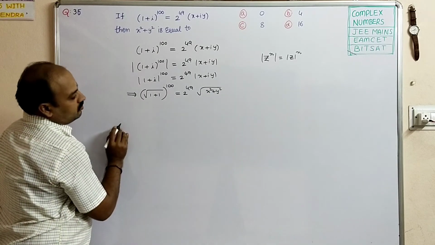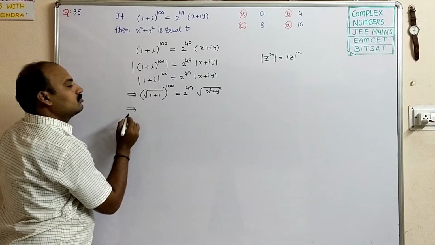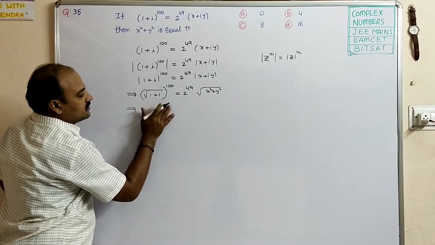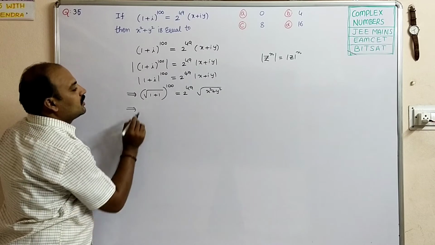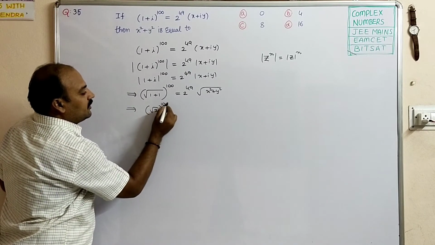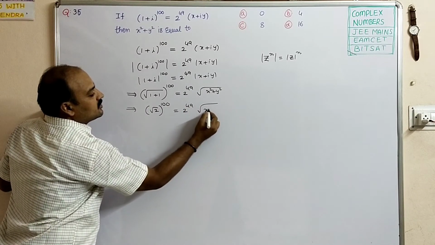Now, before squaring on both sides, root 2 whole power 100 equal to 2 power 49 into square root of x square plus y square.